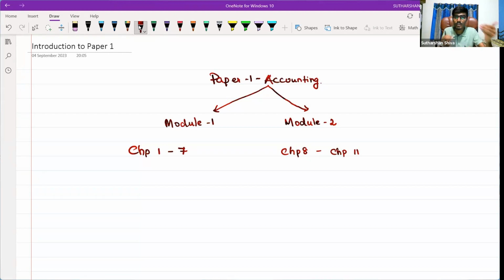So here you are going to study 7 chapters, and here you are going to study 4 chapters. The same amount of time that you give to those 7 chapters, you need to give to these 4 chapters. Are you able to understand?